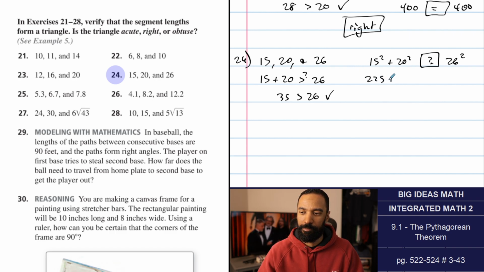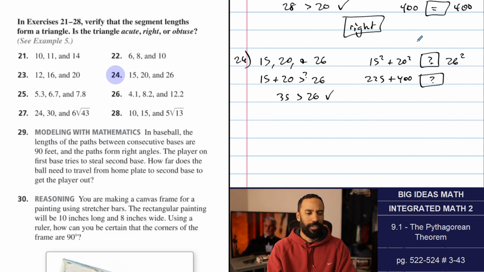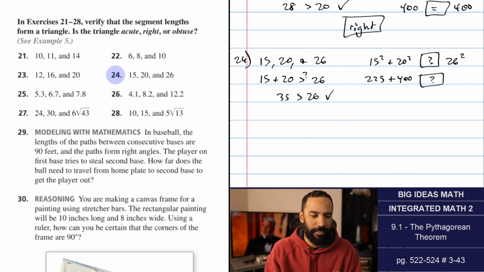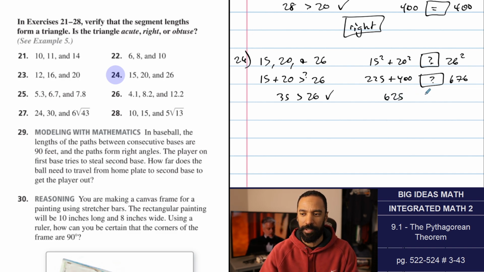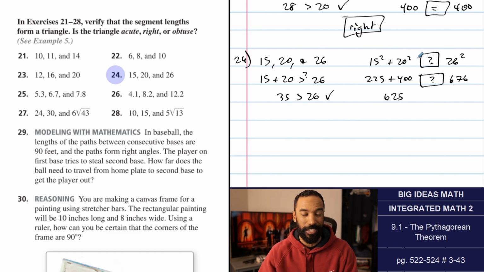That's 225 plus 400. 26 squared, I don't know. I know 25 squared is 625. Did we just see 26 squared a second ago? 676? I think we did. 676. And this becomes 625 on this side, which would be part of the 3, 4, 5 family. It'd actually be 15, 20, and 25 that would work, not this one.